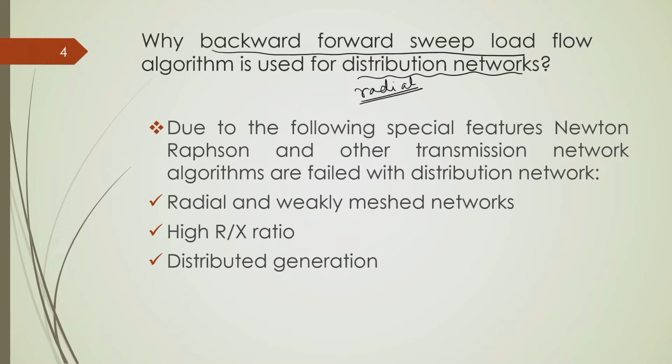At the very beginning also I discussed this. Distribution networks are radial only, they are operated as radial, although we have a provision for tie lines which make them weakly meshed, but we use them as radial.